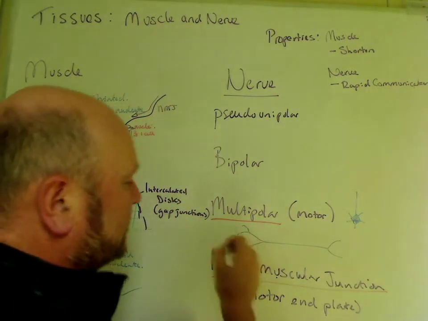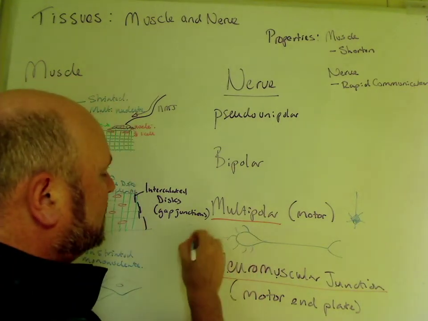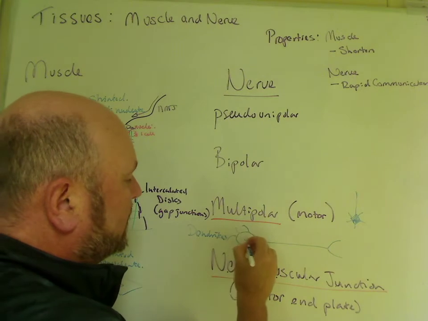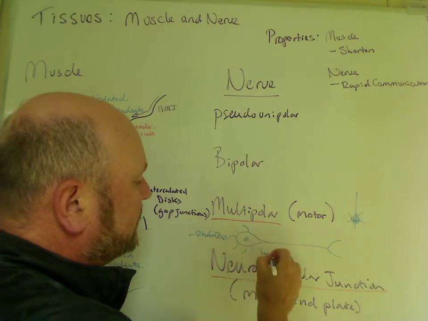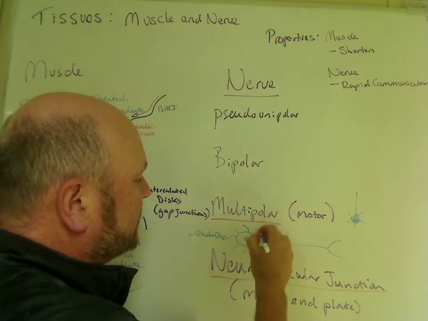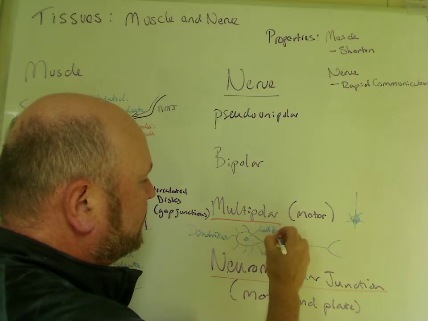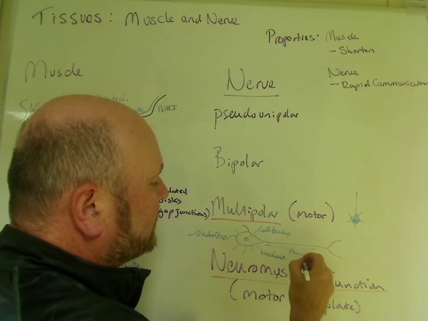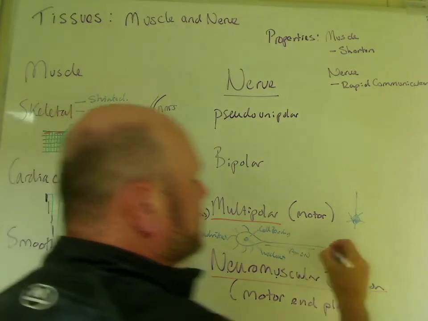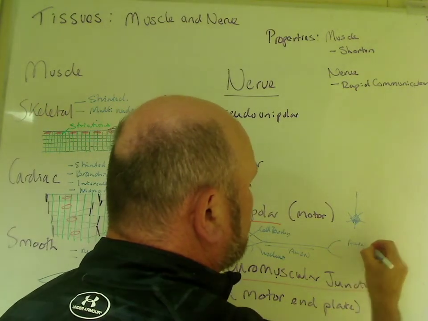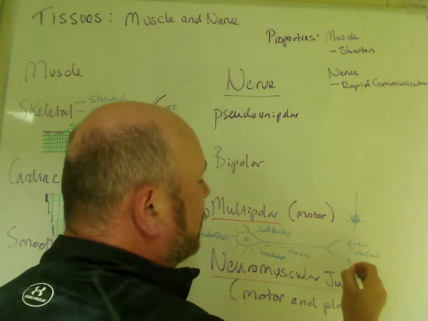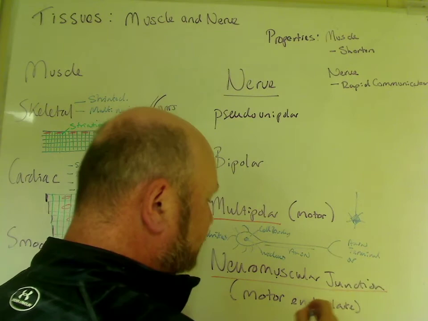These little things here are dendrites. That's the nucleus. So this is the cell body. And this long run here is the axon. This is the axon terminal, or end plate.